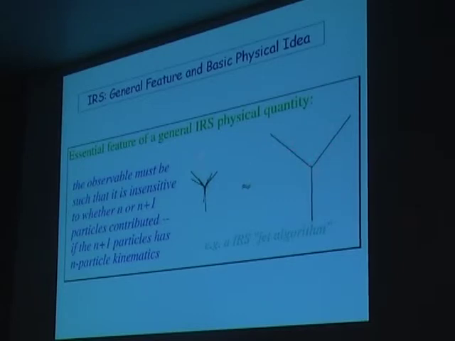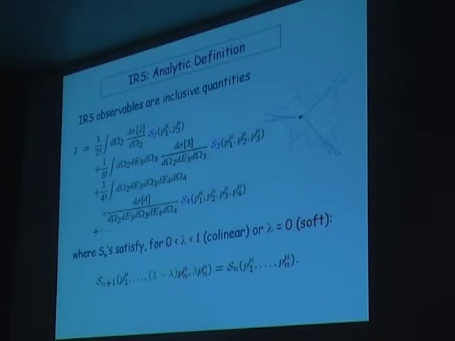That's where the singularities occur. But if the quantity you are defining is insensitive to that distinction, then that's when such quantities become infrared safe.